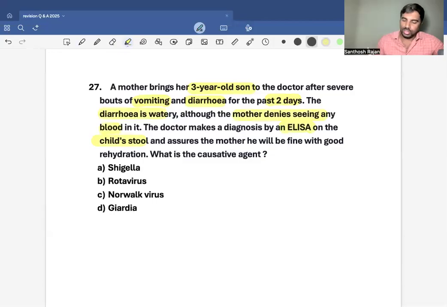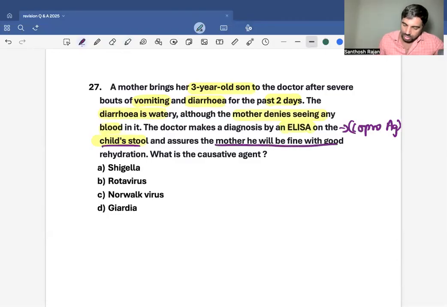That is basically coproantigen, basically antigen or antibody, whatever it is. They did some ELISA on the child's stool and assure the mother that he will be fine with good rehydration. That's it. So when this type of thing comes, it is very close to rotavirus. Very simple.